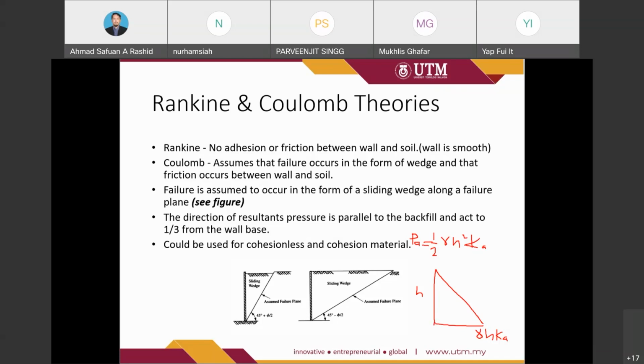Based on the concept of moment, to identify the location of this load, we assume this is the point, or the datum that we may use.